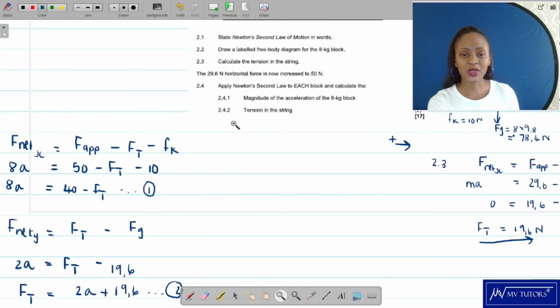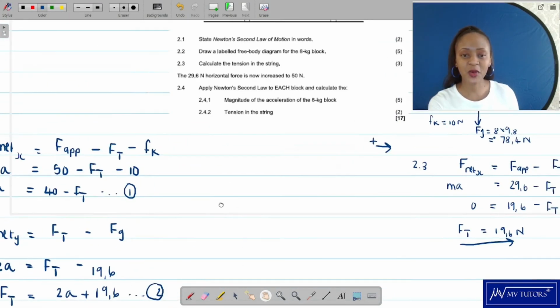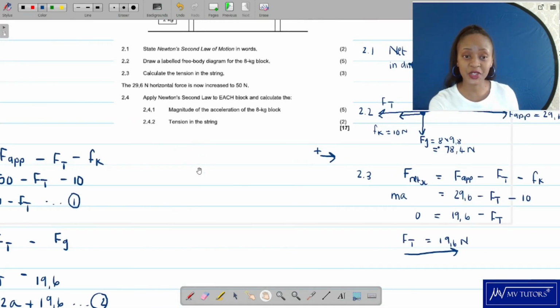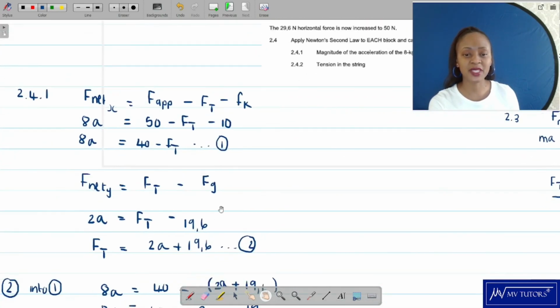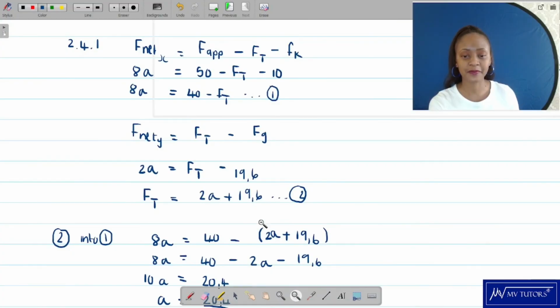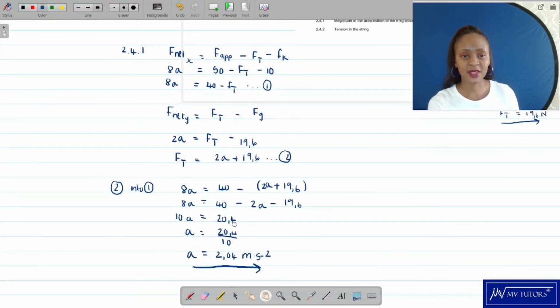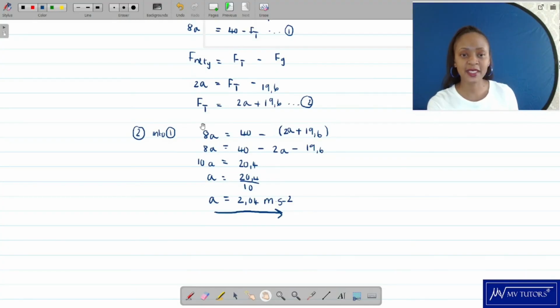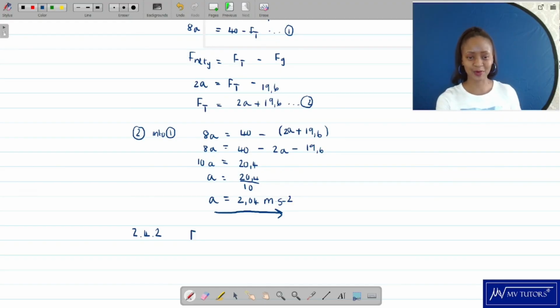Now, what do they want? They want the tension in the string. So this is now the new tension. I do have an equation in terms of tension, so that was good of me to put it in terms of tension force, and I don't have to do much work.